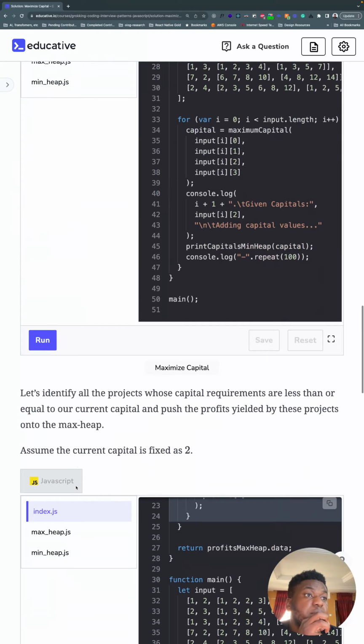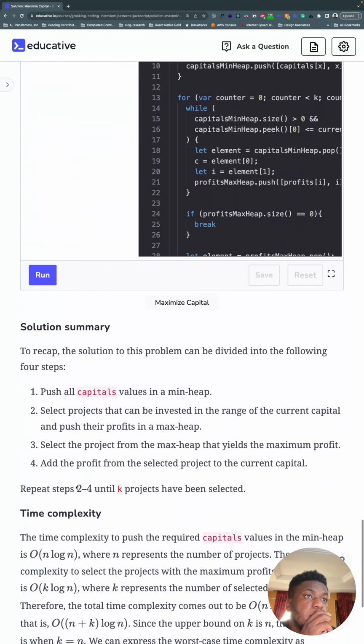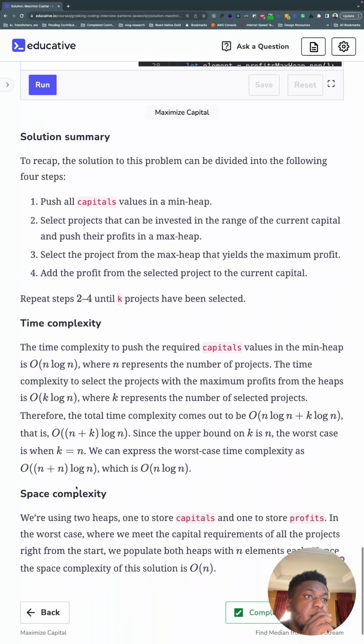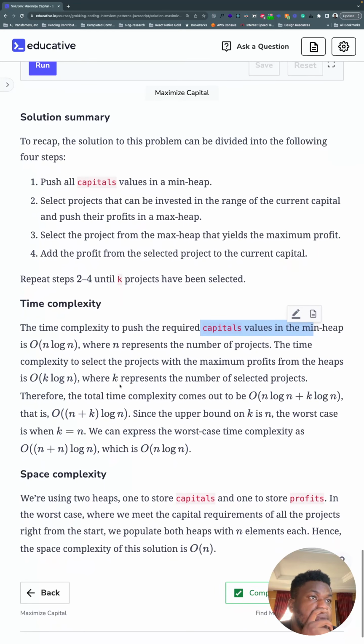Now, big O is special. We have a time complexity. When you push all the capitals in the minimum heap, the insertion is log of n, and you're looping through all the capitals once, so it's n times log of n. But for the profits, you have k, the number of selected projects.